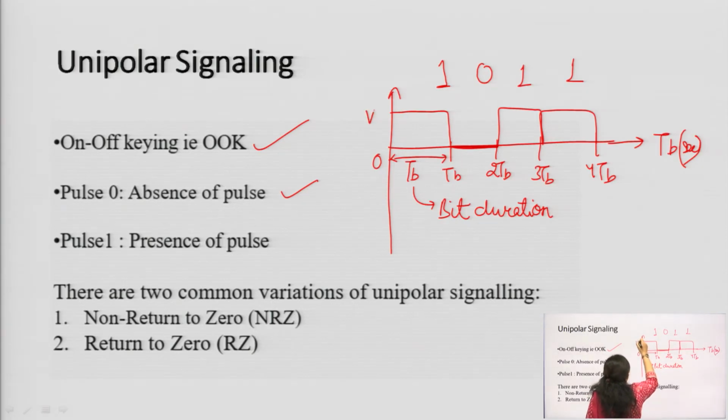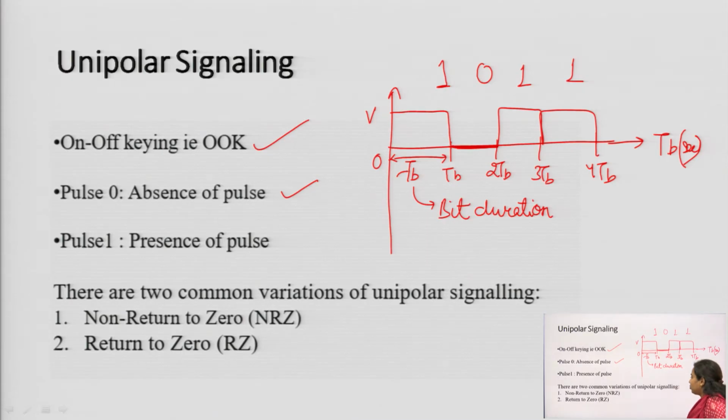Let us say I do not take any numerical value like 5 volt or 3 volt, I am just taking V, which means the amplitude of this pulse will be plus V volts. So, for the duration of 1 bit it will be from 0 to V volt, the duration will be TB. For the 0, no pulse will be transmitted, so it will be 0 volt, then V volt and V volt. This is how you are going to generate the unipolar signaling.